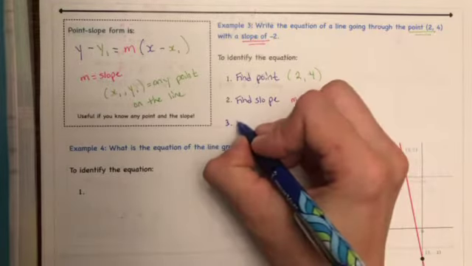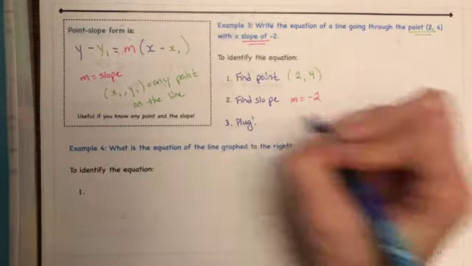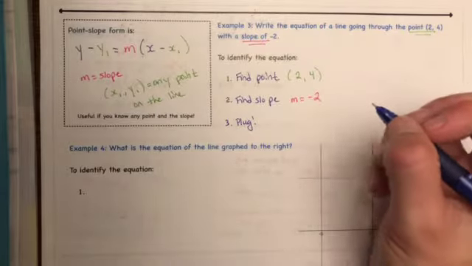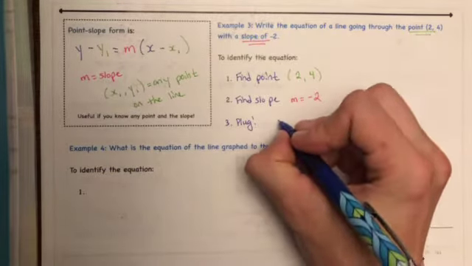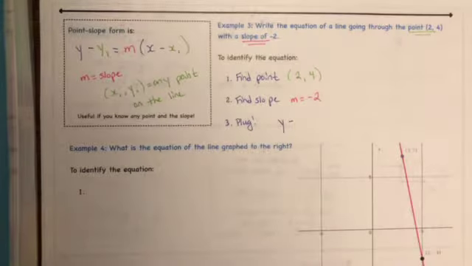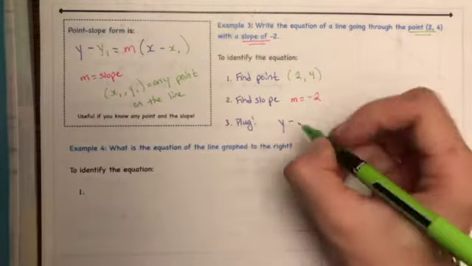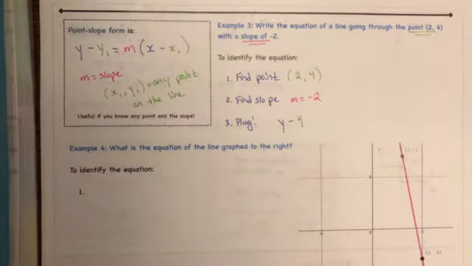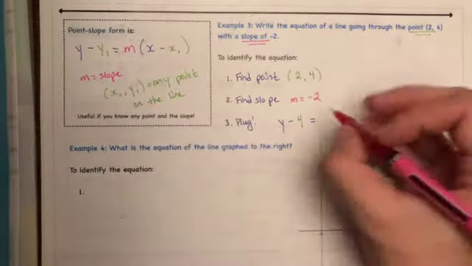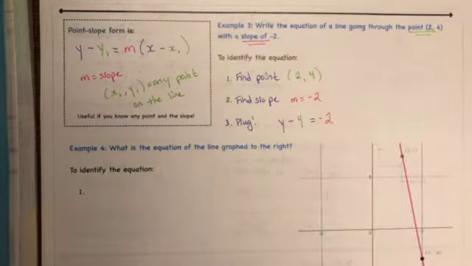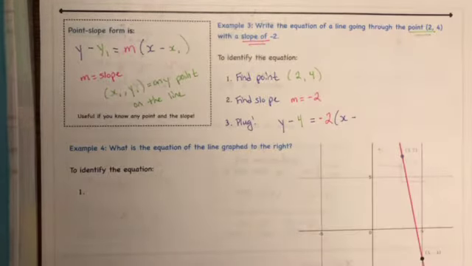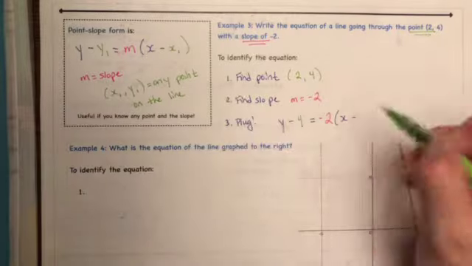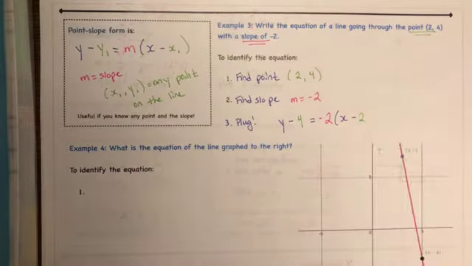And then we can plug it in. So what we're going to have is essentially y minus y1, which is 4, is equal to our slope, m, which is -2, times x minus x1, which is 2.